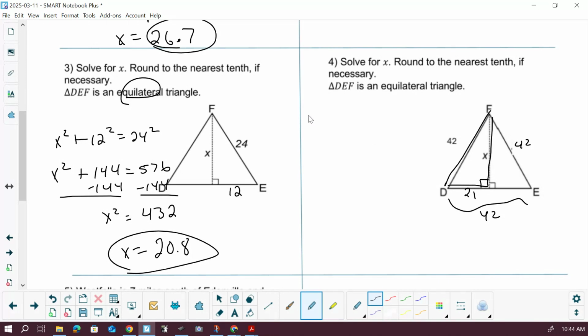So x squared plus 21 squared equals 42 squared. 42 squared is 1764. 21 squared is 441.